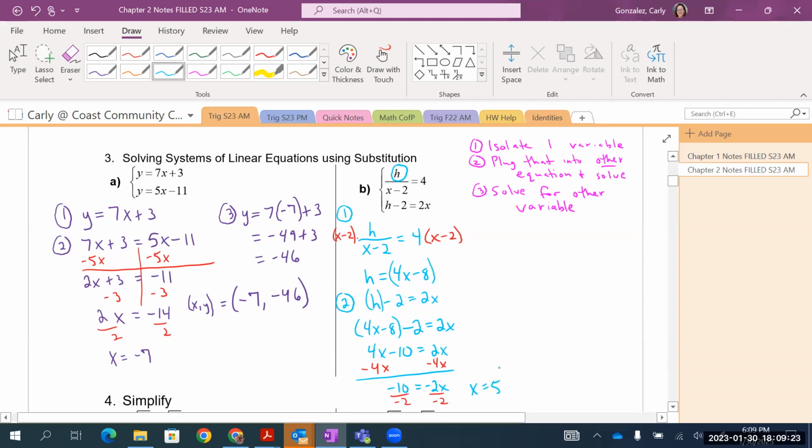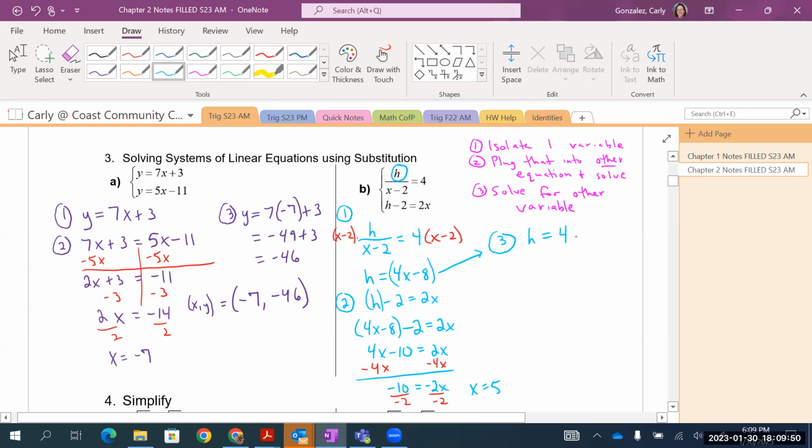And again, just like before, we want to make sure that we solve for all variables. So our original system had x and h. So now we need to solve for the other variable. We need to find out what h is. And I like to use whatever equation we solved for in step 1, since h is already solved for.